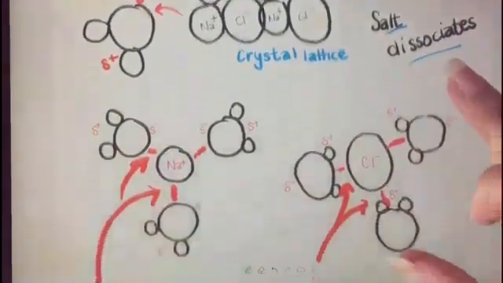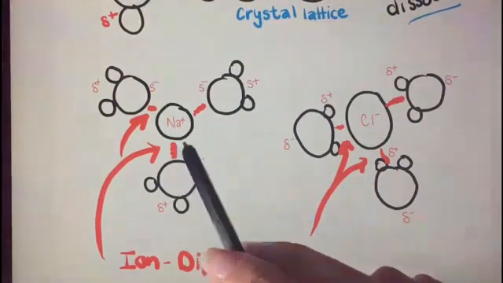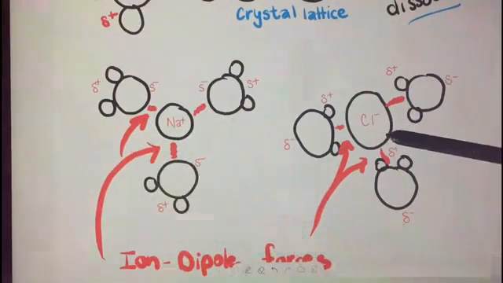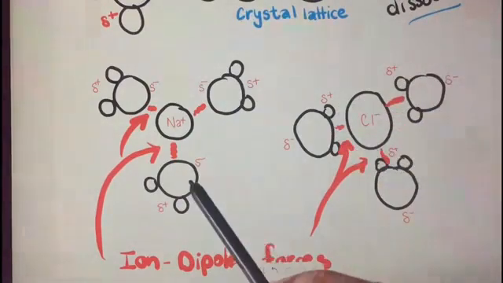So eventually, what will I have? If I've got a beaker filled with salt water, I've got positive sodium ions surrounded by water molecules. I've got negative chloride ions also surrounded by water molecules. But take a look here.